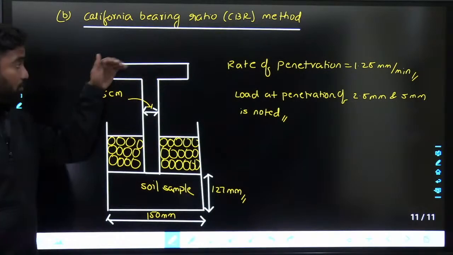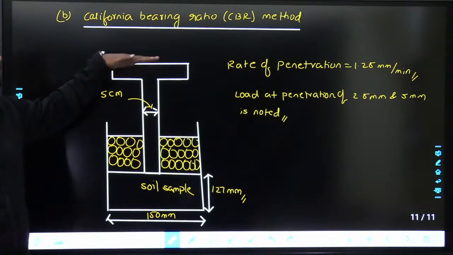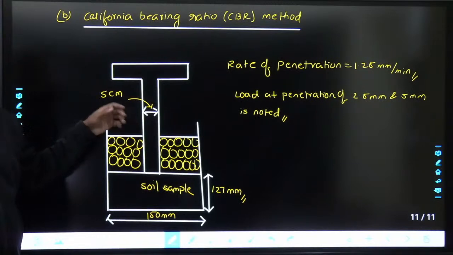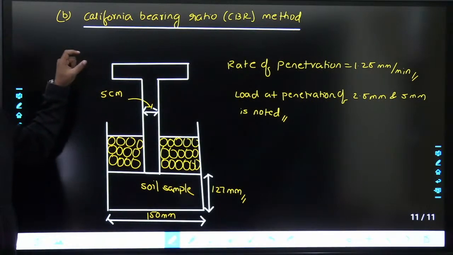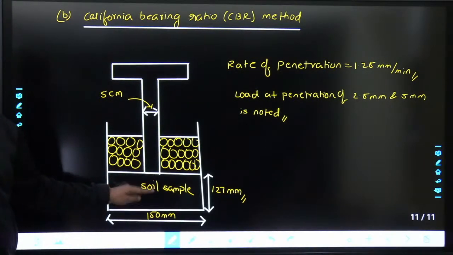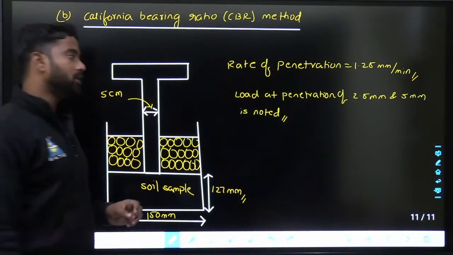That means you will keep on applying the load at the rate of penetration of 1.25 mm per minute, and slowly, there will be the load at which the penetration, or indirectly the settlement, is 2.5 mm and 5 mm. The load at these penetrations is noted and a graph is drawn.